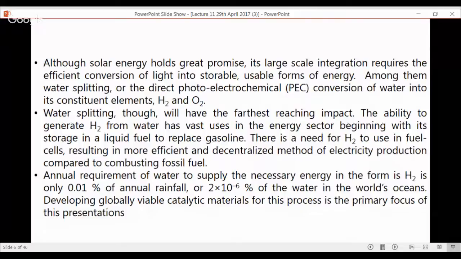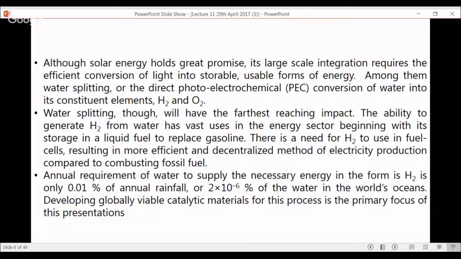But the problem with water is, you will say water is in shortage. That is not true. Water is in shortage for human consumption, but water is not in shortage. Even if there is a water shortage, what is required for the whole earth in the form of hydrogen as fuel is only 0.01% of the annual rainfall that the earth receives.